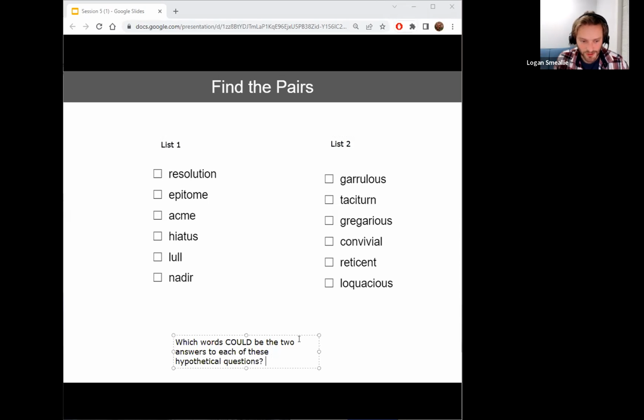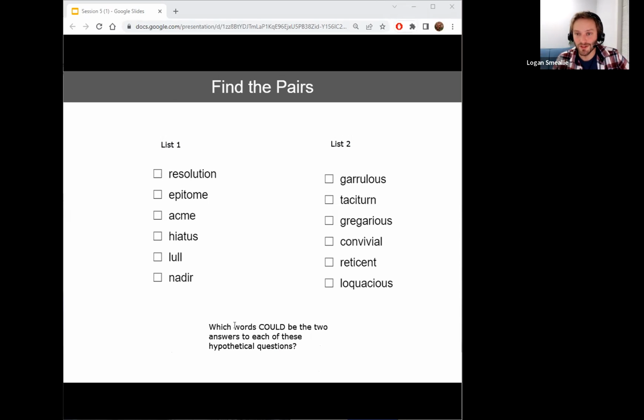These are some tough words, but just let me know in the chat in the next minute or so if you see any that are pairs. Yeah, these words are tough, especially list 2, I think. If you haven't done much vocab studying yet, there's a lot of ways to find GRE vocab.